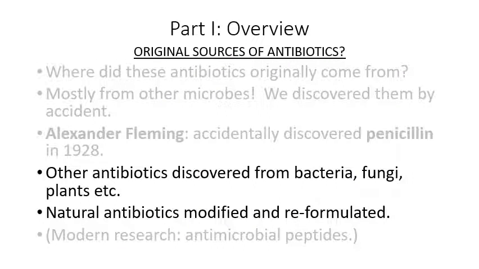We have since discovered a lot of other antibiotics from natural sources like fungi and even other bacteria. And then we've taken some of those and made artificial versions of them, and put some of them together in different combinations or formulations.